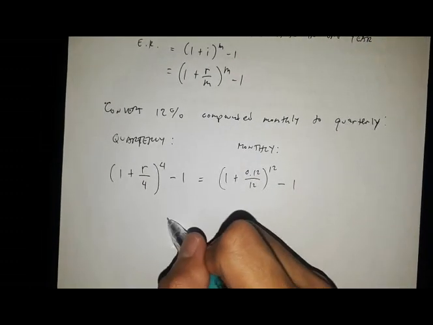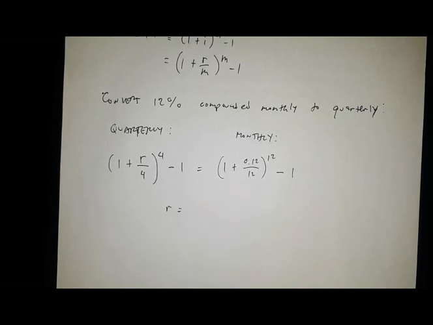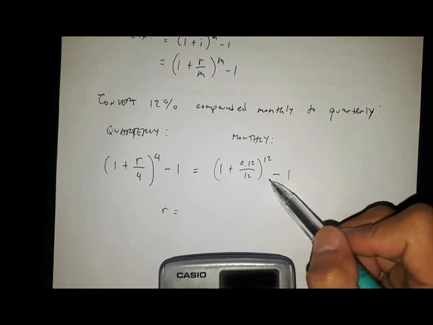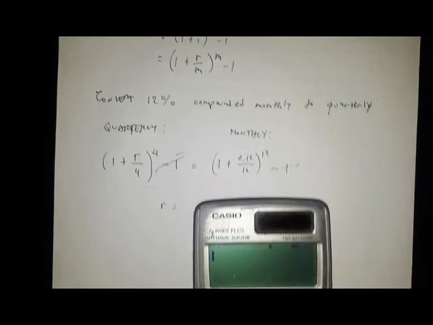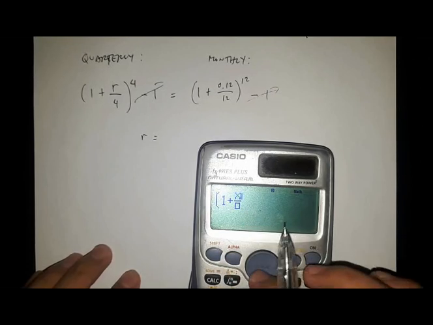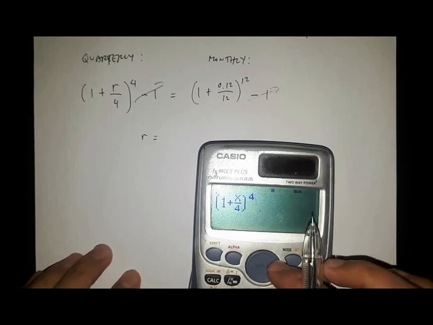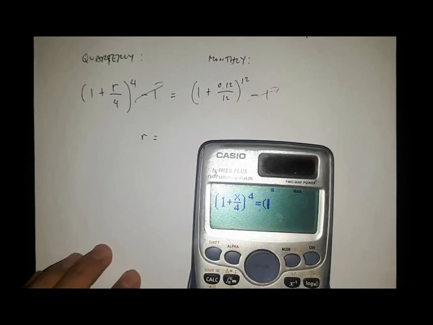Now your nominal rate of interest would be found by canceling this amount and this for easier calculation. So we have 1 plus your value of the nominal rate over 4, raised to 4, equals 1 plus 12% over 12, raised to 12.